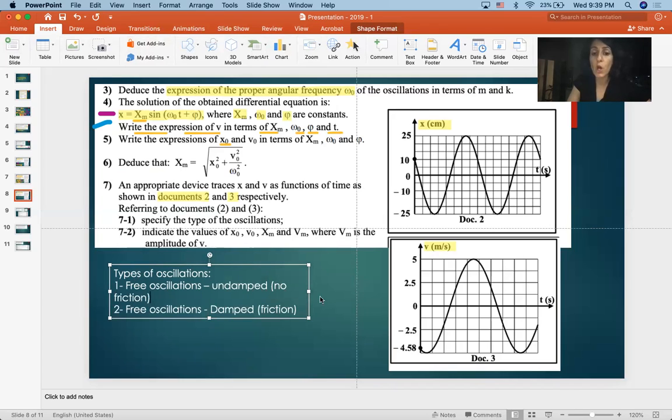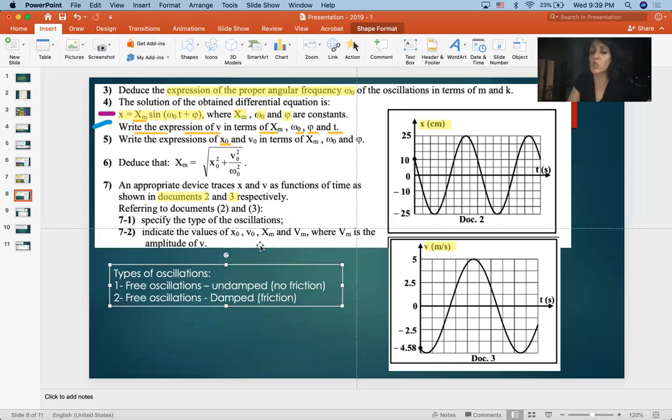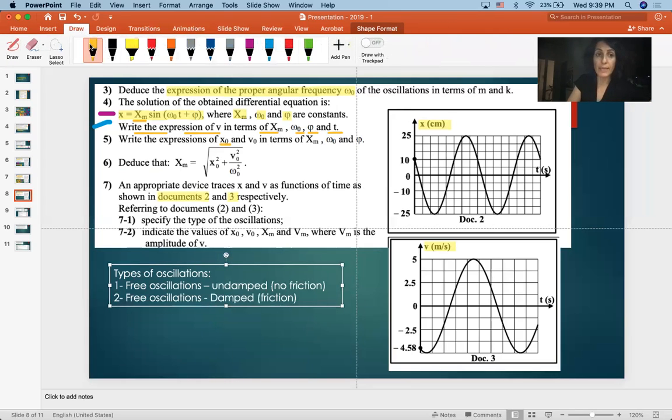In this problem, we're only dealing with free oscillation because nobody's pushing my system. The system is oscillating with its own proper angular frequency W0. W0 means proper. Nobody is forcing the system to go in any specific frequency. So obviously I need to pick between undamped and damped.